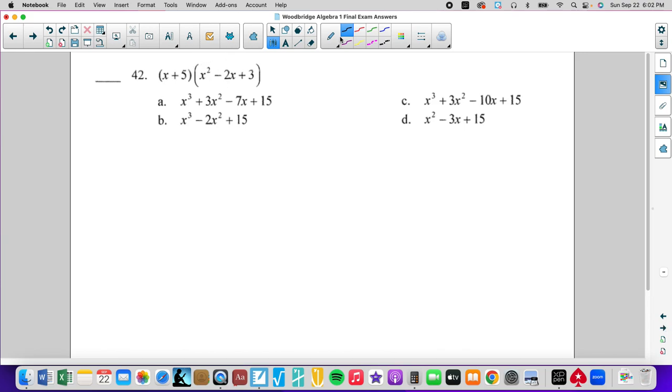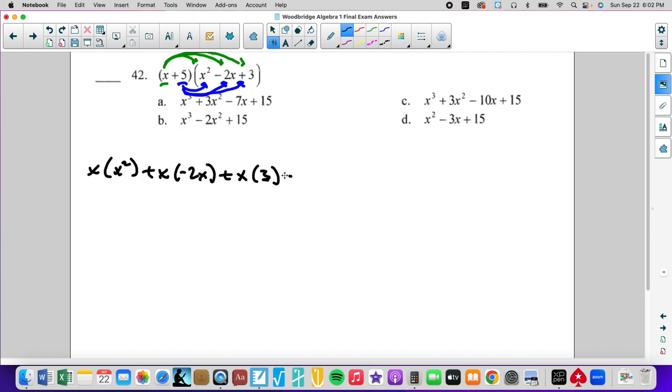Now, we have double distribution again. We can still distribute. We're just going to distribute 3 times. It's a binomial times a trinomial. And we'll take this term and distribute it to all 3 terms of the trinomial. So we have x times x squared plus x times negative 2x plus x times 3.